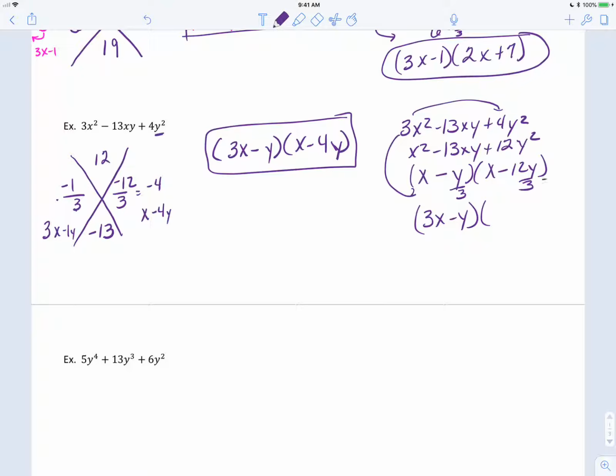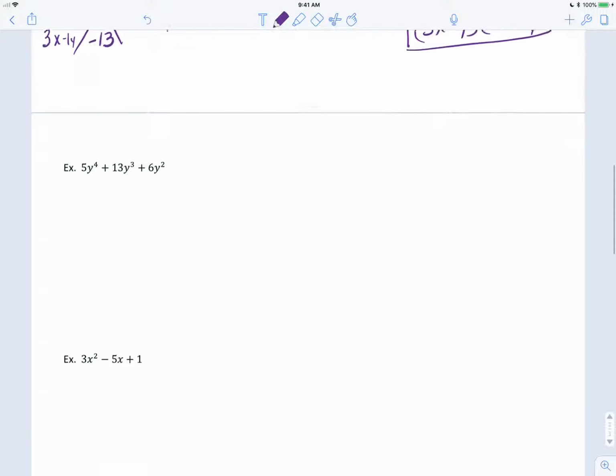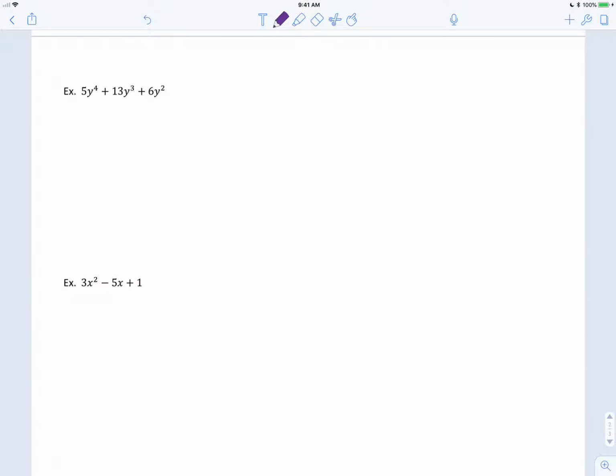Sort of the same process. So hopefully you can start working those on your own using slide and divide if that's your method of choice.